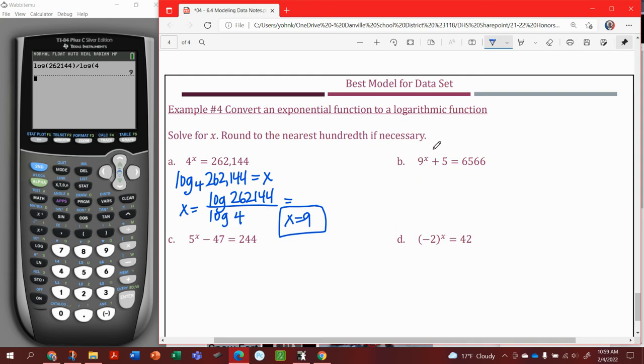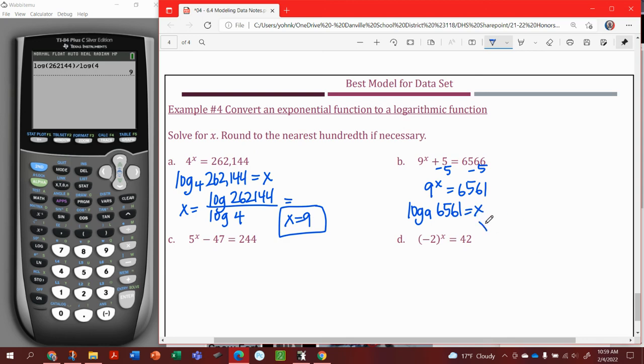All right, if we look at letter B, 9 to the x plus 5 equals 6,566. Before I do anything, I have to get the exponential part by itself. So I need to subtract 5. 9 to the x equals 6,561. Now I need to change the exponential function to logarithmic. So log base 9 of 6,561 equals x.